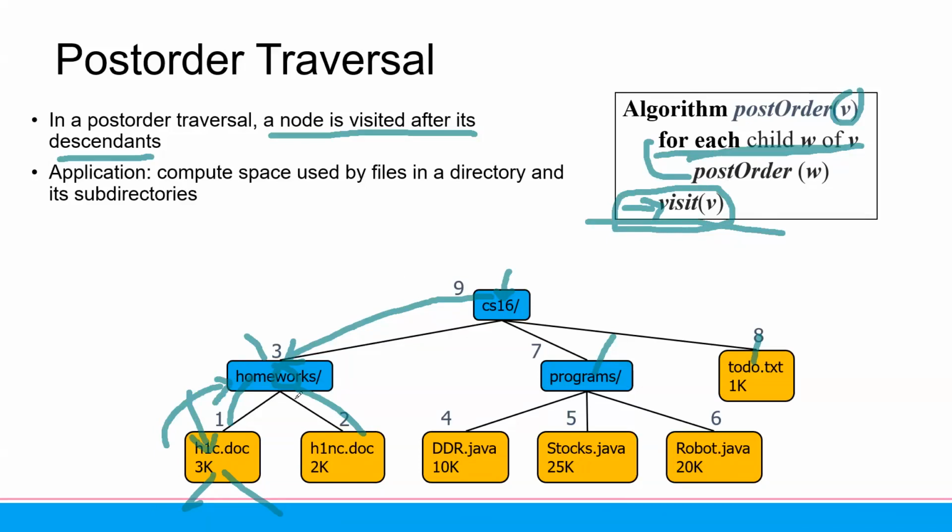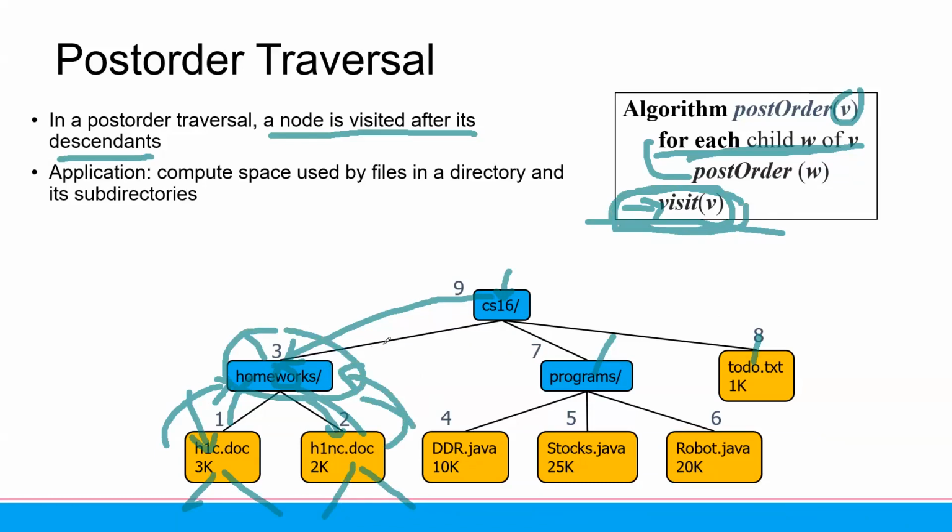What about the other child? Yes. Is there any child from this one? No child. Then we will do the check-in or visit. And so on until we finish. Because there is no other child, then we will return back to the parent, and then we will visit this one.